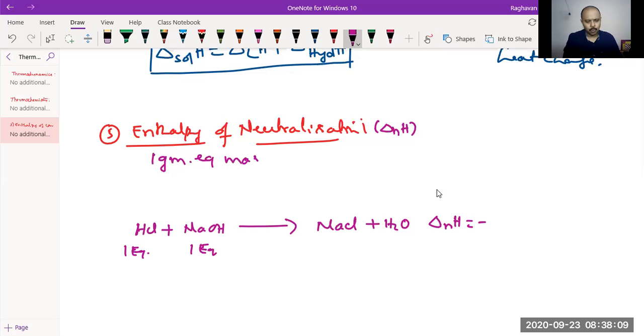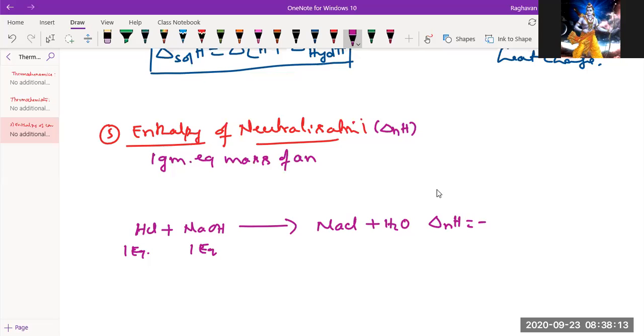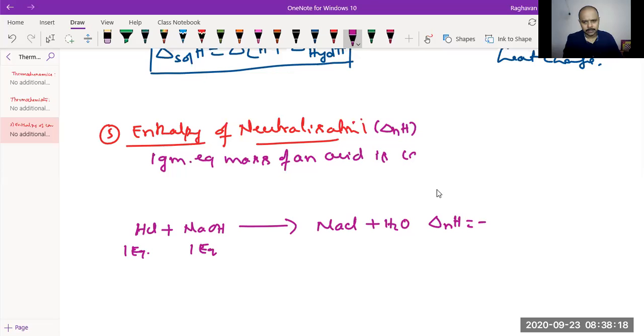No idea? 1 gram equivalent mass of an acid is completely neutralized by 1 gram equivalent mass of a base.